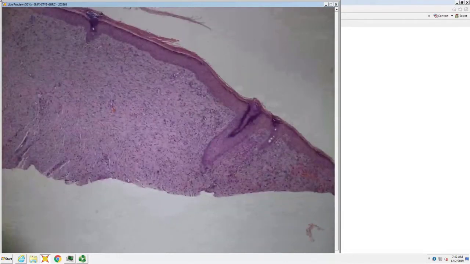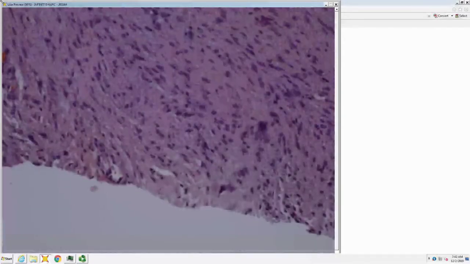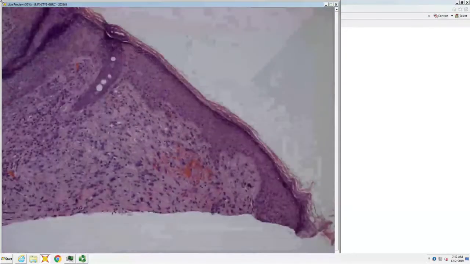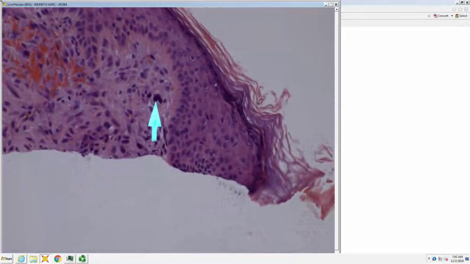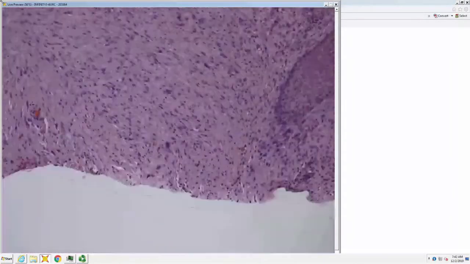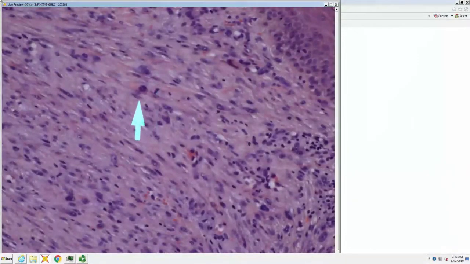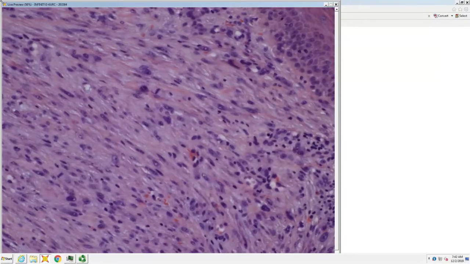Scar. So what do you think about the nuclei? Kind of sarcoma. Yes, it is a spindle cell tumor, but there is significant atypia, so it could certainly be an atypical fibroxanthoma. There is a significant mitotic rate. So when you have an atypical spindle cell tumor slammed up against the epidermis, what is your differential?